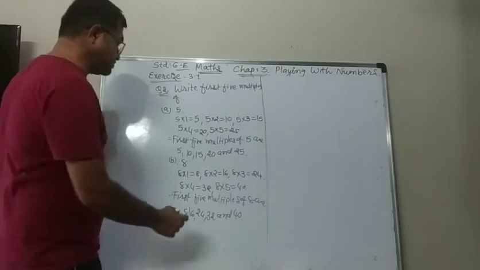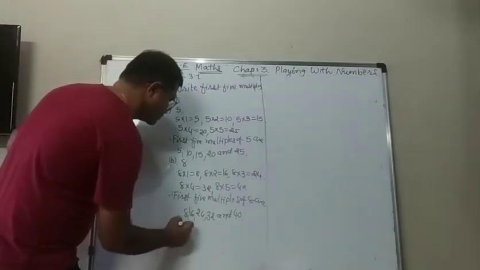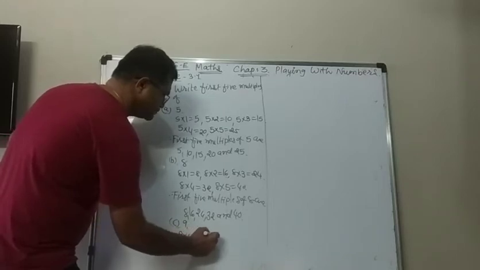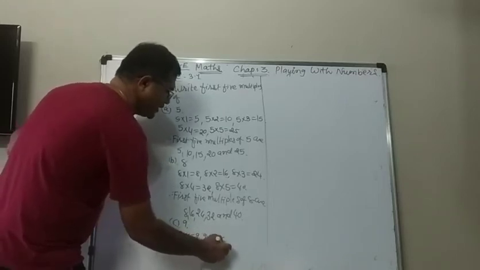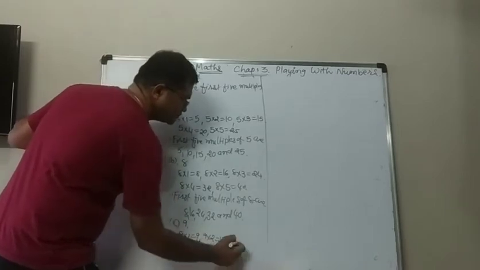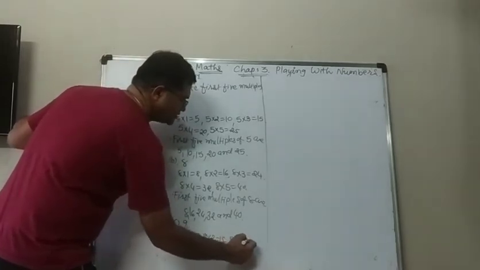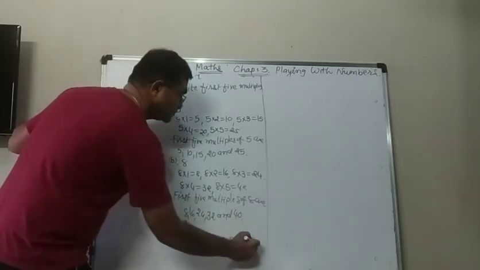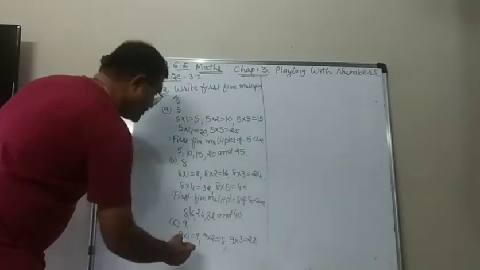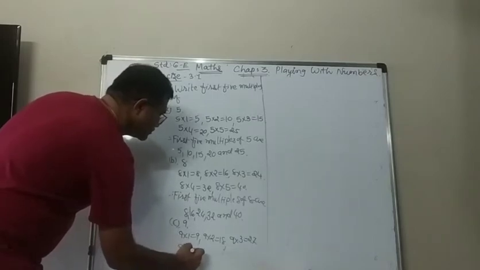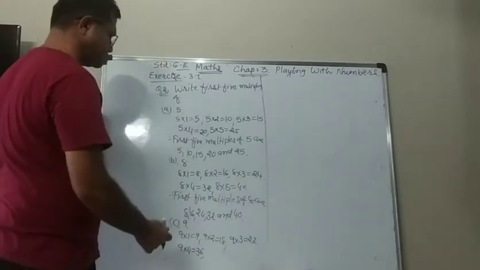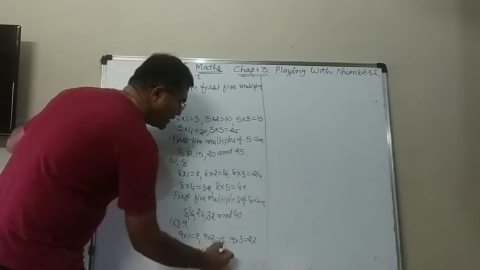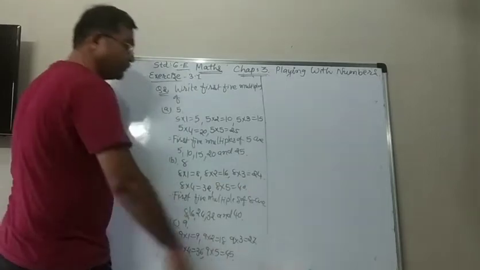The third one is number 9. So 9 ones are 9, 9 twos are 18, 9 threes are 27, 9 fours are 36, 9 fives are 45.